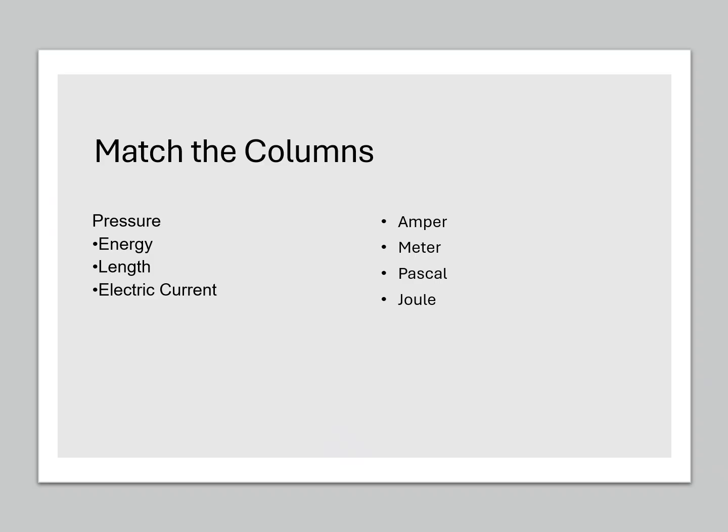Now let's do another activity of matching these columns. Here you see pressure, energy, length, electric current. On the other side, ampere, meter, pascal, and joule. So what is the best option for pressure? What is the unit of pressure?